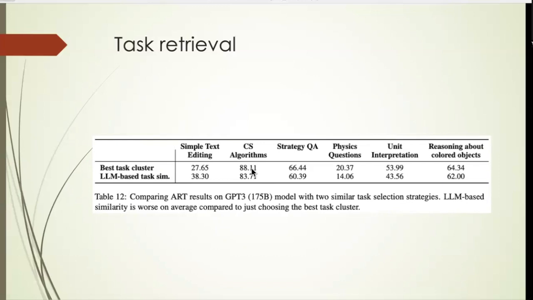So basically, if you're able to solve the task by focusing on one specific skill and make that skill really good, it will actually make the performance good. I think the key part is the LM-based similarity may not be that stable or reliable.